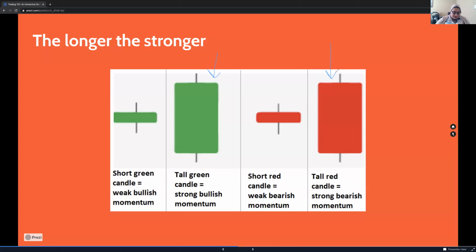Because the length of the candle represents time. If you see a long candle, it means the price action moved really fast. In that 5 minutes, the price action moved a lot.